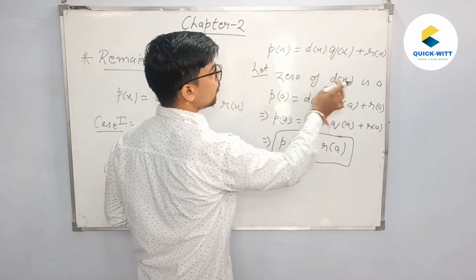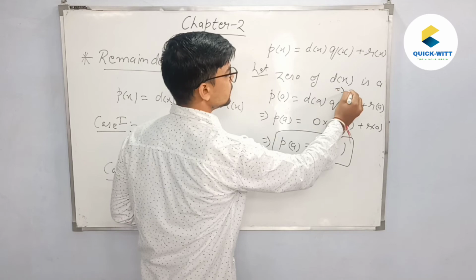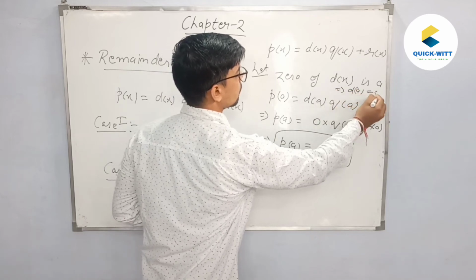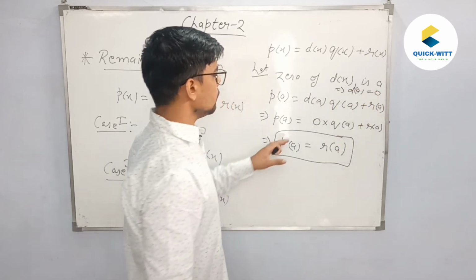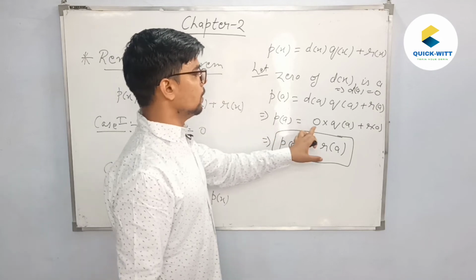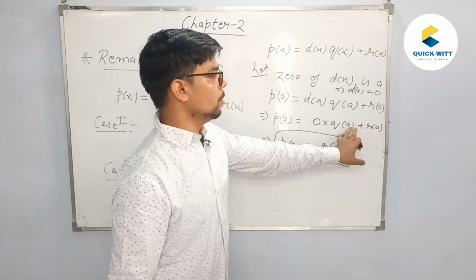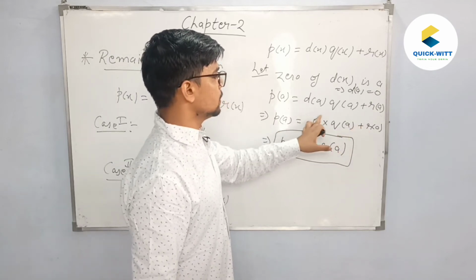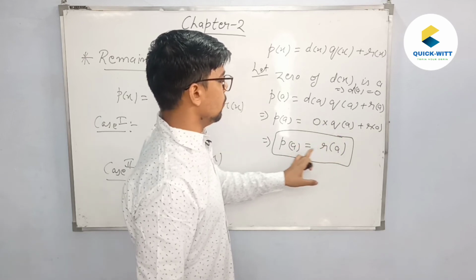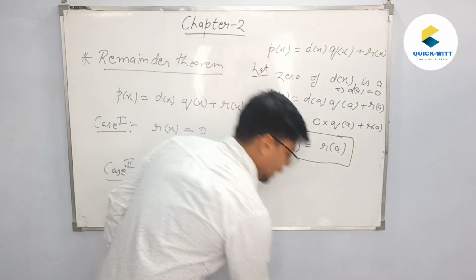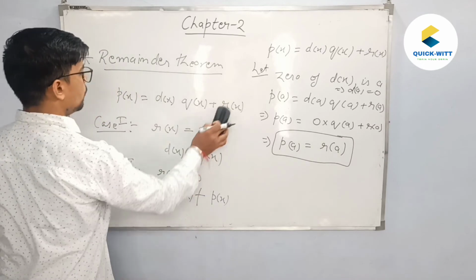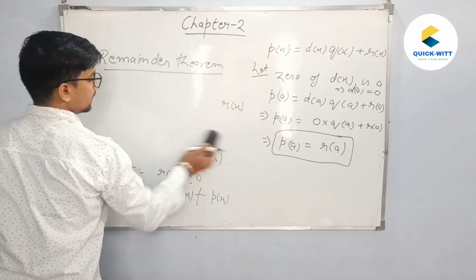Because a is the zero of d(x). So this implies d(a) equal to 0. So that's why p(a) equal to 0 into q(a) plus r(a). This term goes to 0 and p(a) equals r(a).